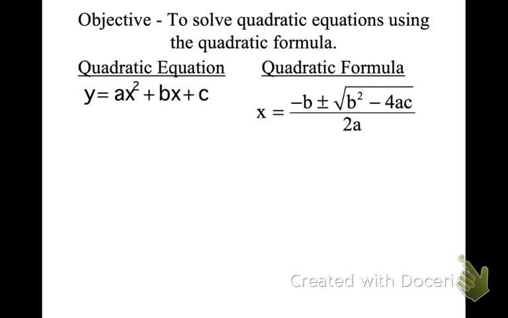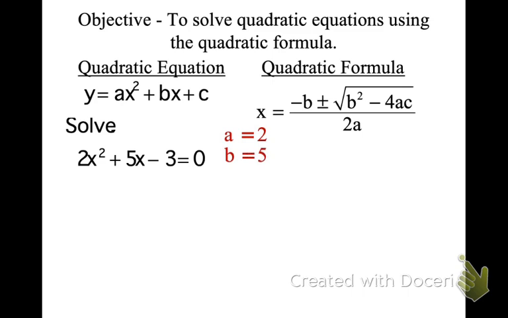Okay, so basically what we have to do is figure out what our a, b, and c are in the actual quadratic equation. So in this case, remember anything that comes before x squared is your a, anything before x to the first is your b, and negative 3, the constant, is always your c. So we first have to identify, and I do expect you to write that. And then we just substitute it into the formula.